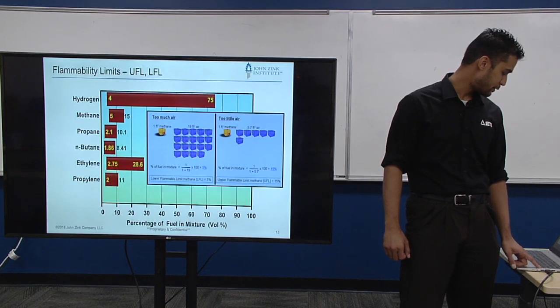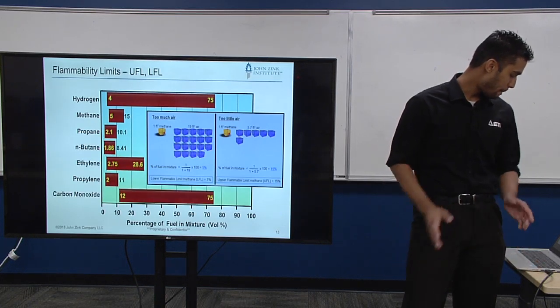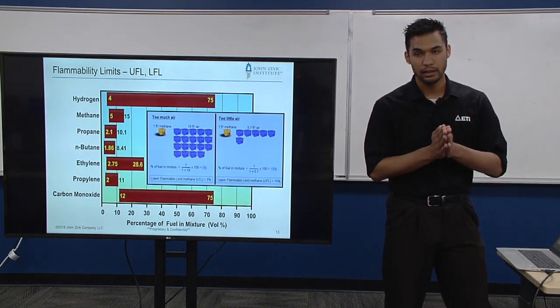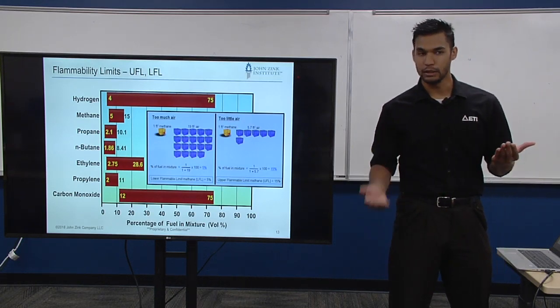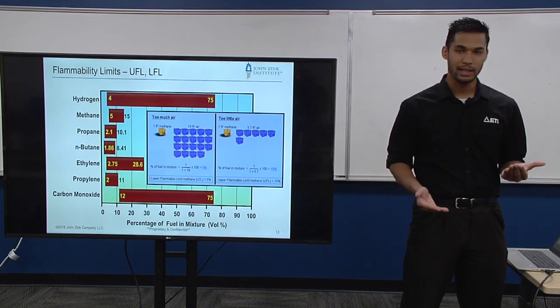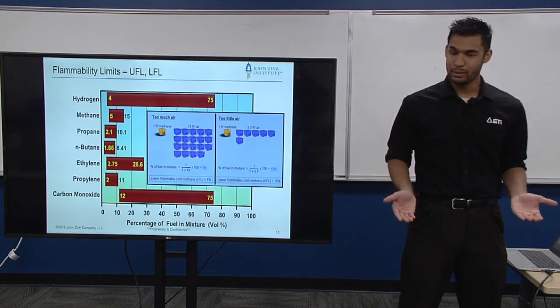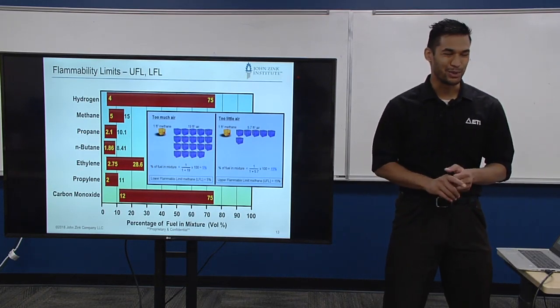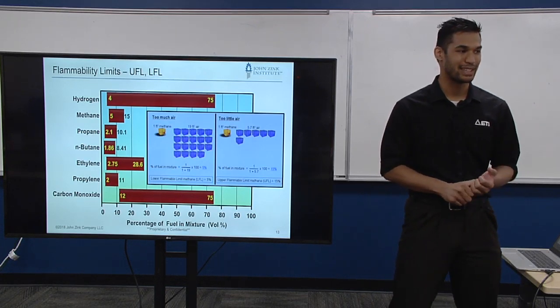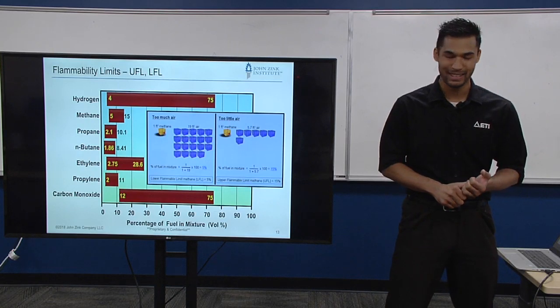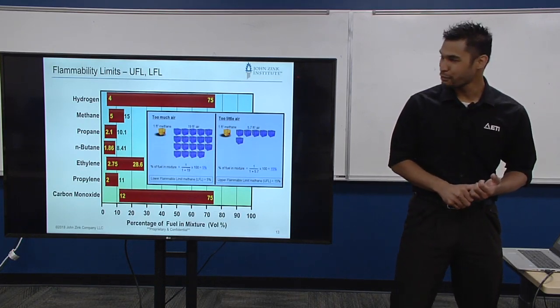So let's look at different fuels, because this is the fuel lecture, and talk about UFL and LFL: upper flammability limit and lower flammability limit. Because, believe it or not, one of the most important things to keep track of when designing combustion equipment is whether that fuel is actually going to burn with the fuel-air mixture that you have.